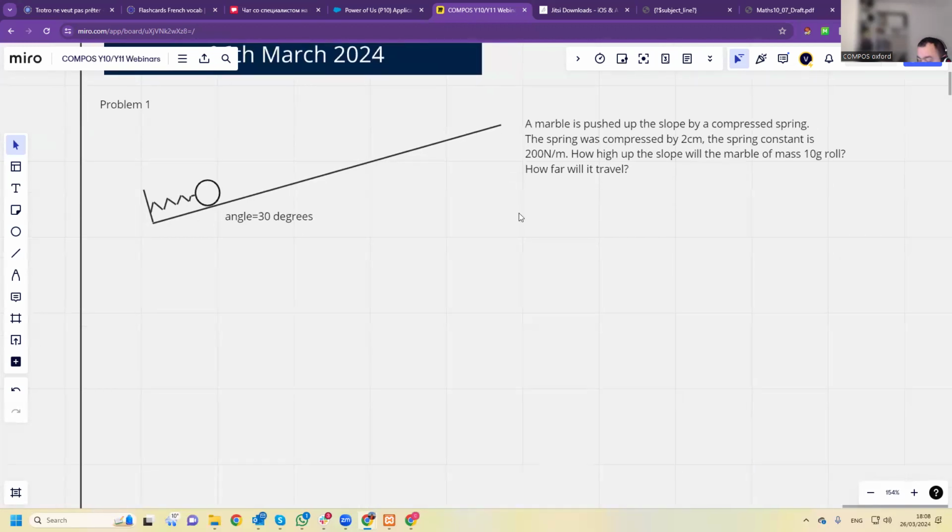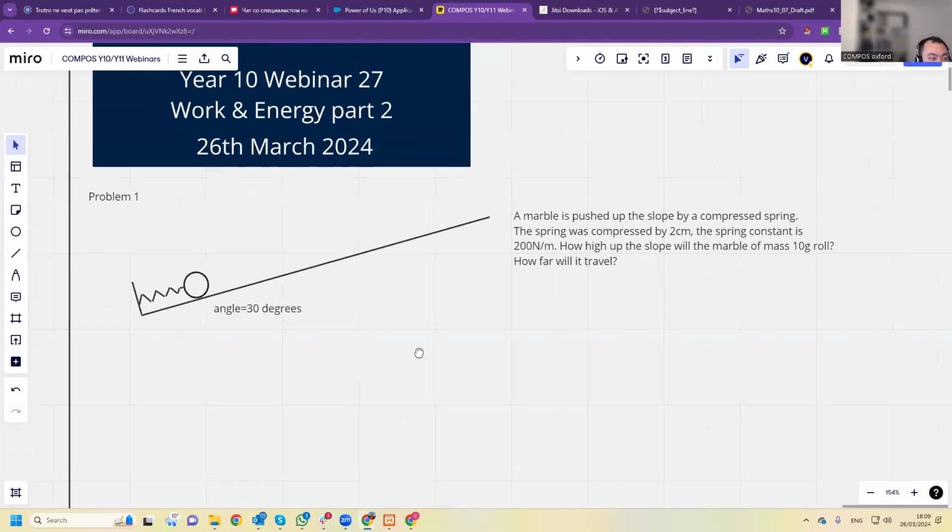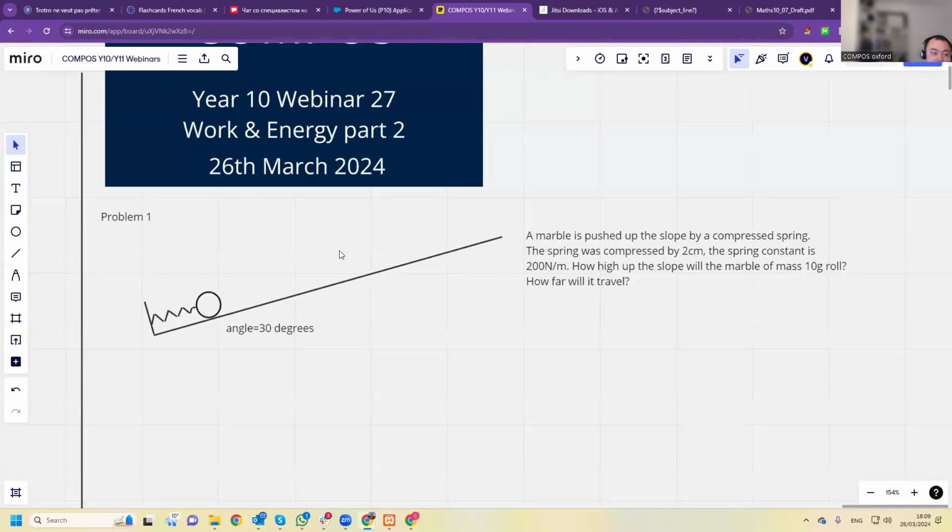Okay, well, since we're doing the conservation of energy, we need to inspect what type of energy we have at the start and what type of energy we have at the end. So what type of energy do we have at the beginning of the process?